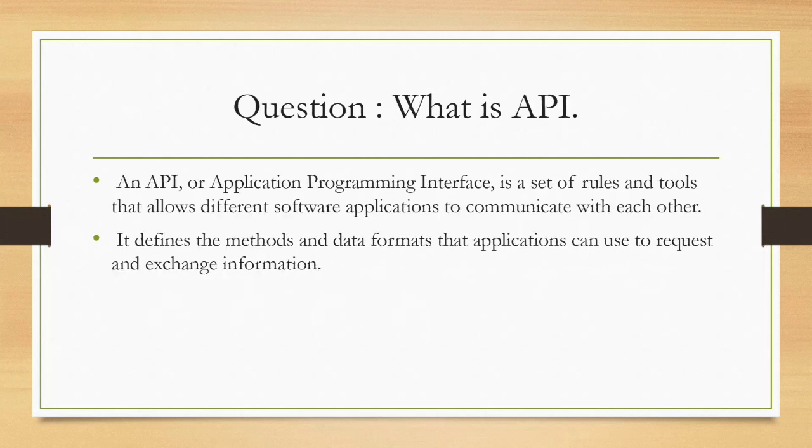And API, application programming interface. This is a set of rules and tools that allows different software applications to communicate with each other. For example, we will take this payment only for this example. When you want to order something on Swiggy or Zomato, you will be choosing the UPI option, right?